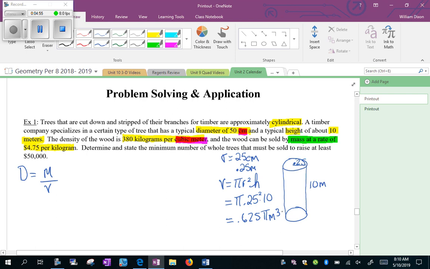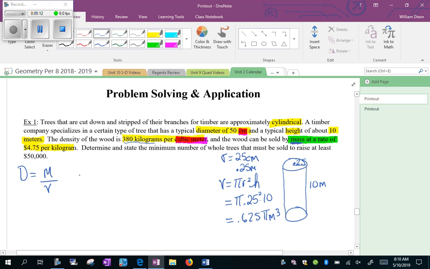Now we can start inputting. Remember, what we are looking for is the mass. We have what was given to us, 300 kilograms per cubic meter.